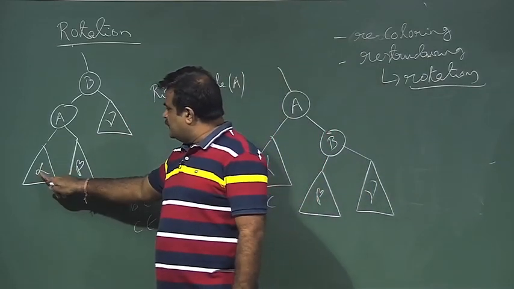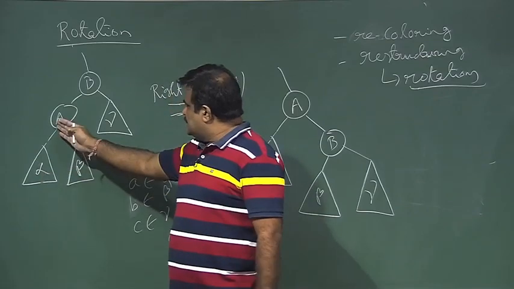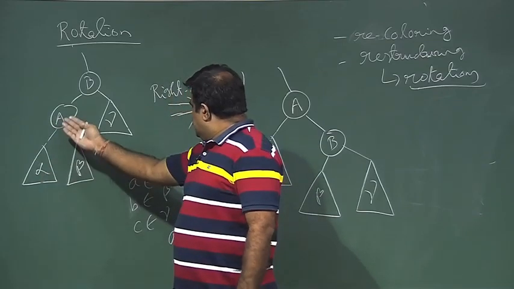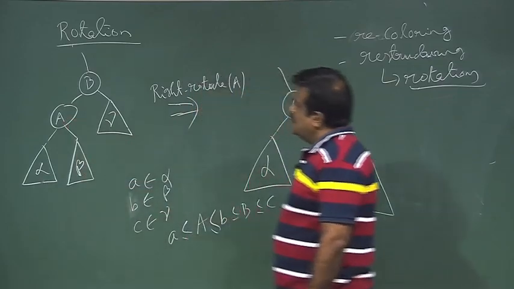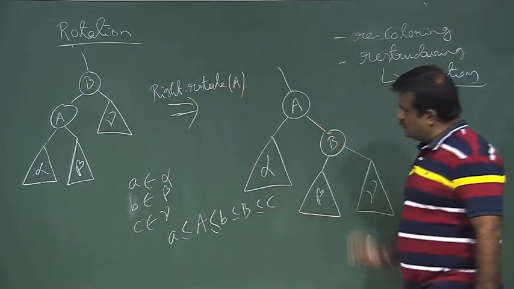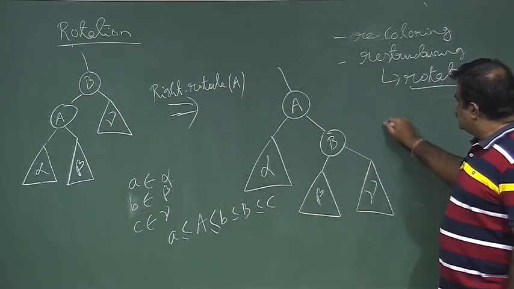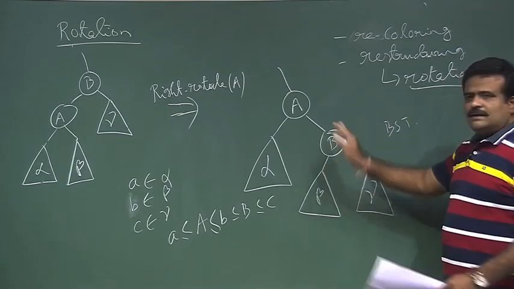So, any node in alpha must be less than A, any node in beta must be greater than A, but less than B. Still it is preserved here also. So, this is still a BST. Okay. And the color also will be the same.